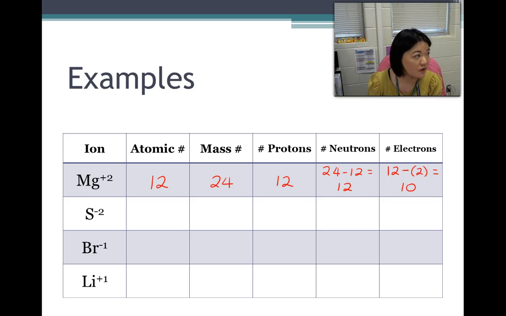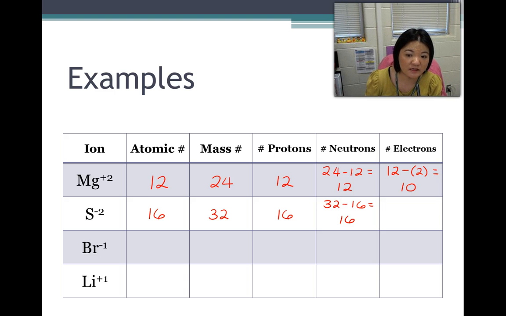S minus 2 has an atomic number of 16. The mass number is 32. The number of protons is the same as the atomic number, so it's 16. The number of neutrons is 32 minus 16 equals 16. So far everything is the same as what you knew before.